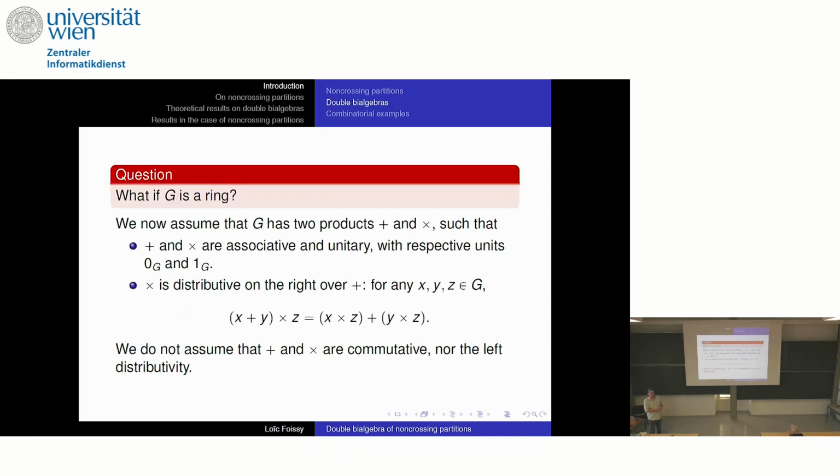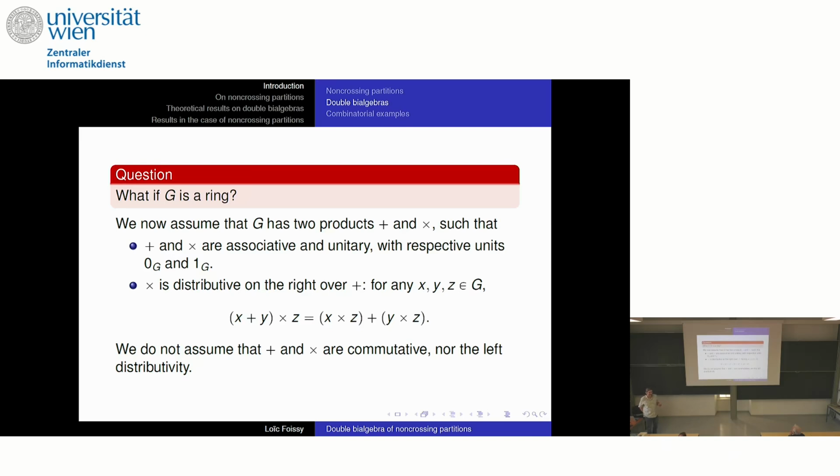So I will have more structure on the monoid. In fact, it can be a group, or not a group, but a ring, for example. So it has two products, an addition and a multiplication, with properties. So what I will assume is that it has two products. Well, maybe products is not the good term, an addition and a multiplication. Both should be associative and unitary with units, 0 and 1.